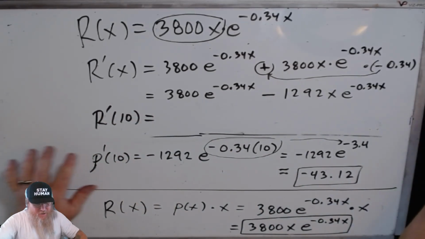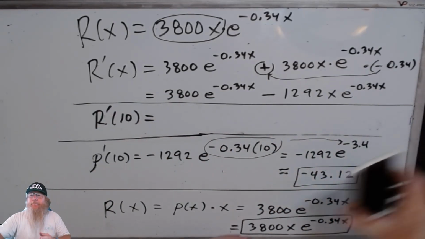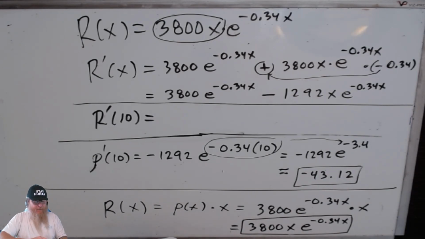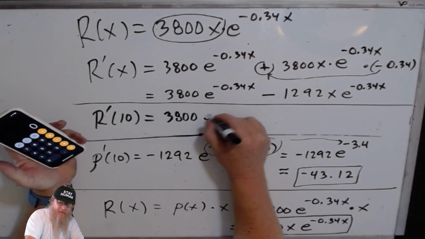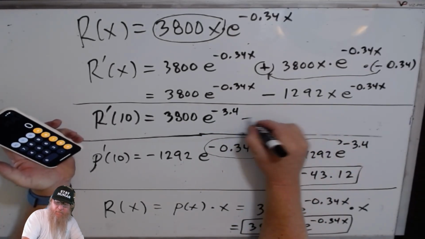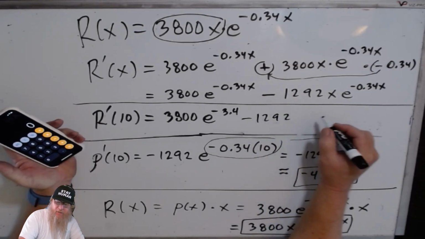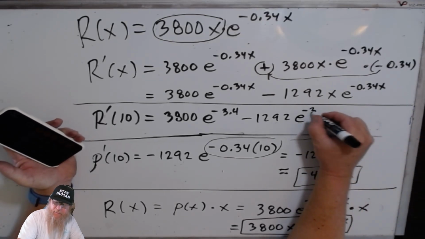So what's the marginal revenue from selling 10 ice machines? All right. So it's going to be 3,800 e to the negative 3.4 minus 1292 e to the negative 3.4.